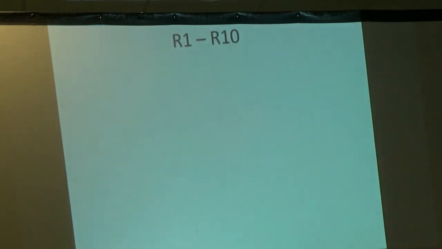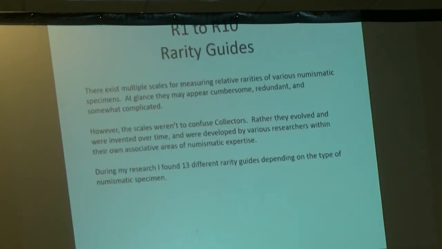R1 to R10. Rarity guide. Okay. Now, as I said before, a lot of people, when they get particularly interested in one particular type of coin or a series of coins, want to figure out how rare they are.